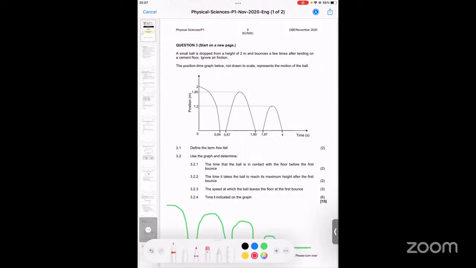You just need to be aware of something. Even though you might not be able to notice with your eyes, as soon as the ball hits the ground, between when it hits and as it leaves, there's a time for that. So, for example, it might take 0.00 whatever seconds before it goes up after hitting. So that is why after hitting the ground, there is that small time before it bounces.